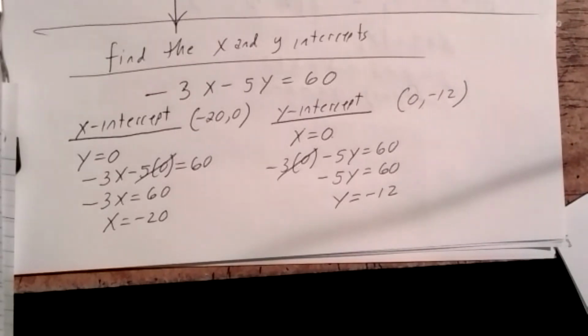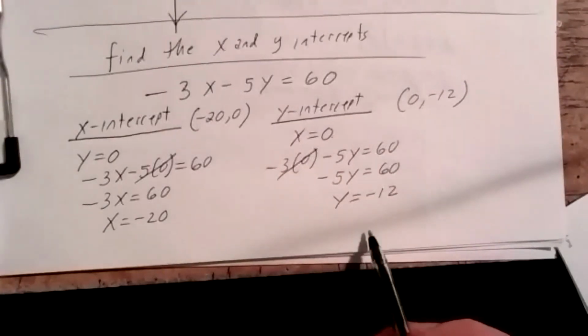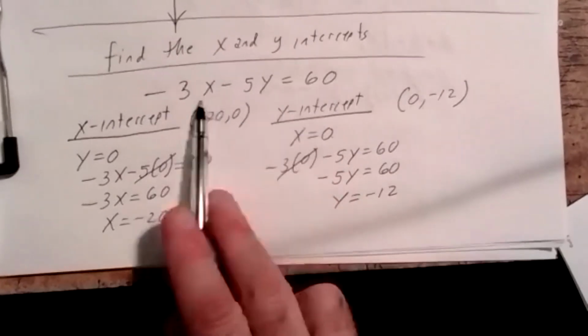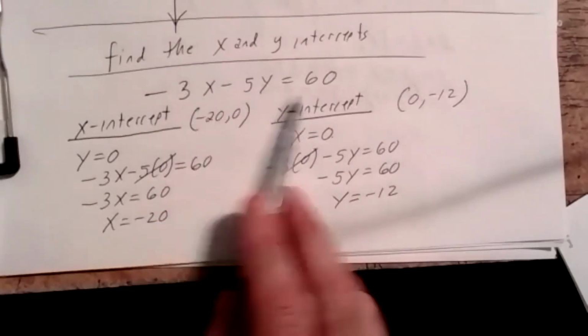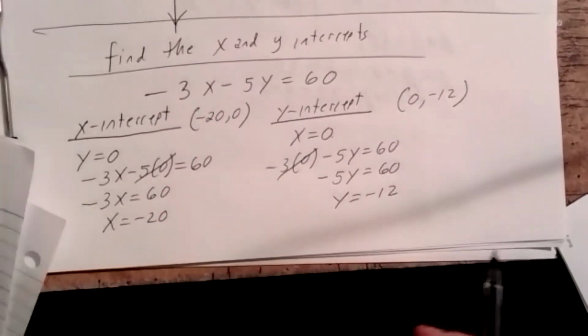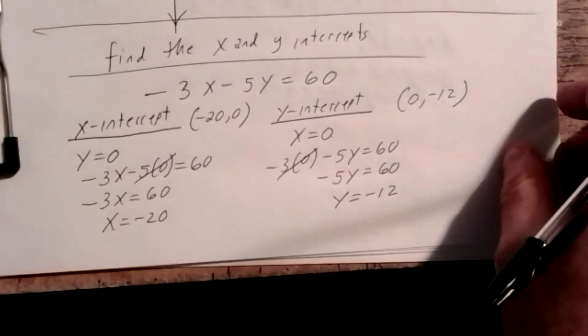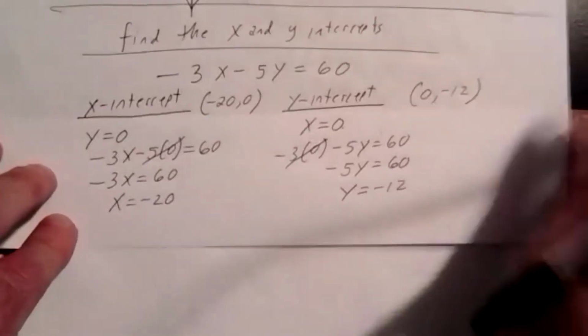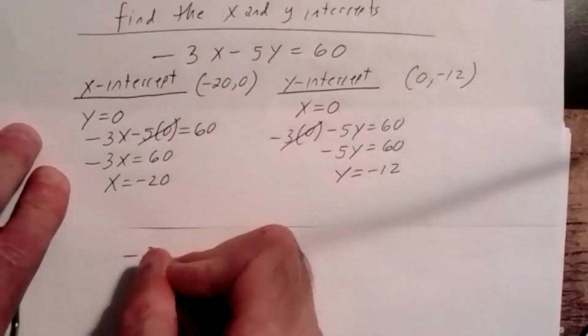Let's see if we can find them using our graphing calculator. Well, in order to graph this equation, first of all, we got to solve this equation for y. How do I solve this equation for y, ladies and gentlemen, so I can present it to the machine? How do we solve for y? Add 3x to both sides.